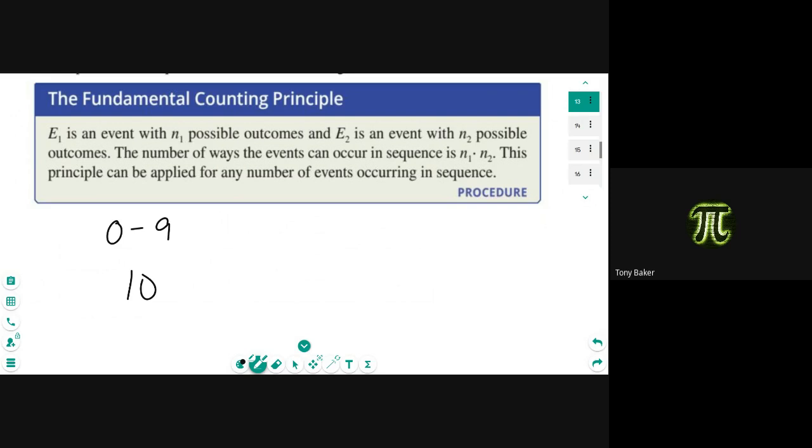The second number also would have 10 possible combinations, and the third one would also have 10 possible combinations. So the fundamental counting principle states that if we multiply all those, we'd get the total number of possible combinations. In this case, we'd have 1,000 combinations, which makes sense because the numbers would go from 000 to 999, which is 1,000 numbers.